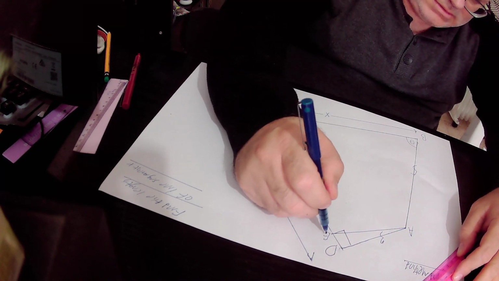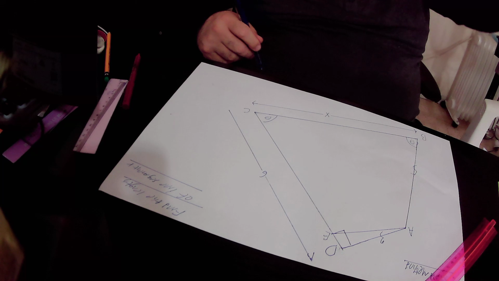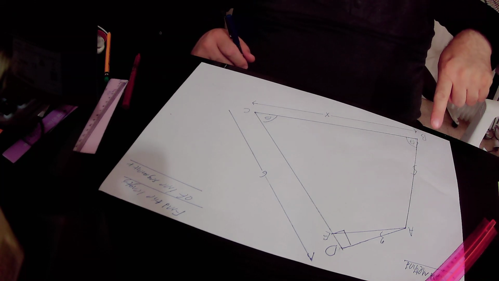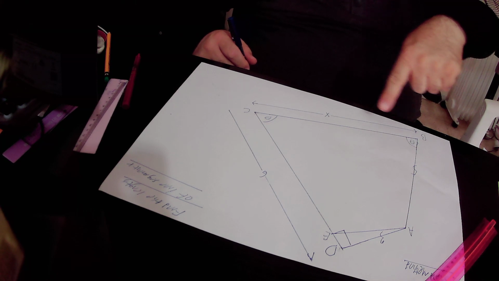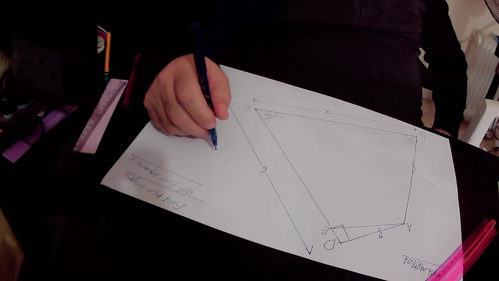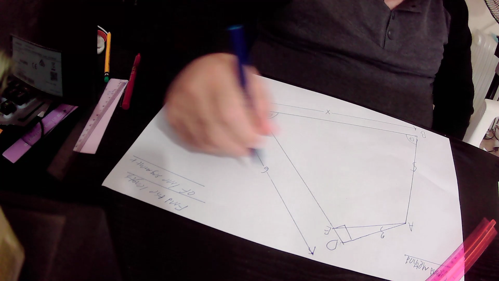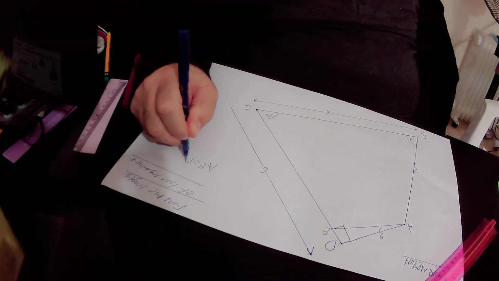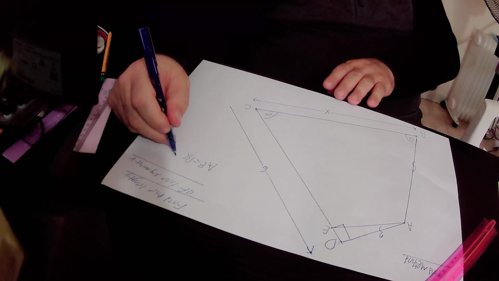I repeat again, we drew the straight line AE in such a way that AE is parallel to BC. I write it down that AE is parallel to BC according to our construction.